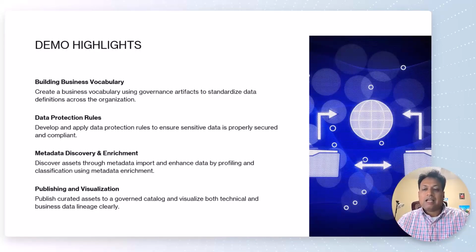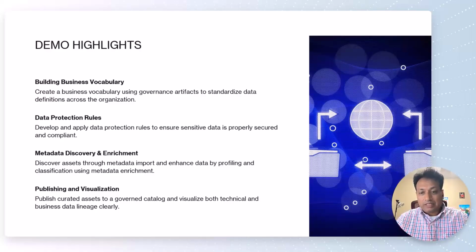So here are the highlights about what we are going to see today in the entire demo. The demo will cover several key capabilities of IBM Manta Data Lineage and IBM Knowledge Catalog. This includes building a business vocabulary with governance artifacts, then creating and applying the data protection rules. Then we'll discover assets using the metadata import process.